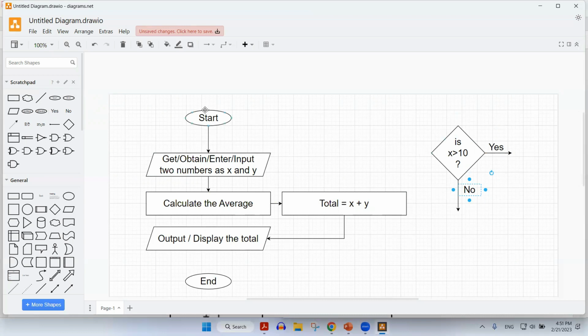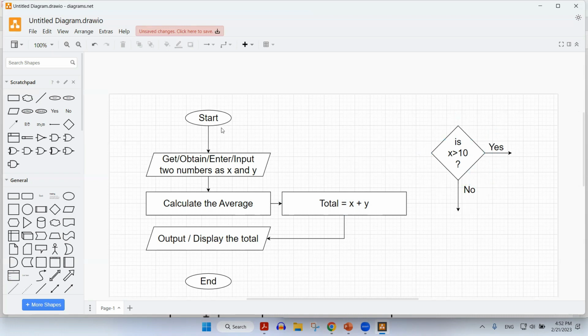So this is the only shape that has two outflows. And it can have the inflow from this side or from this side. Using any particular side, you can have the inflow. It doesn't matter. So one inflow and two outflows can be here.